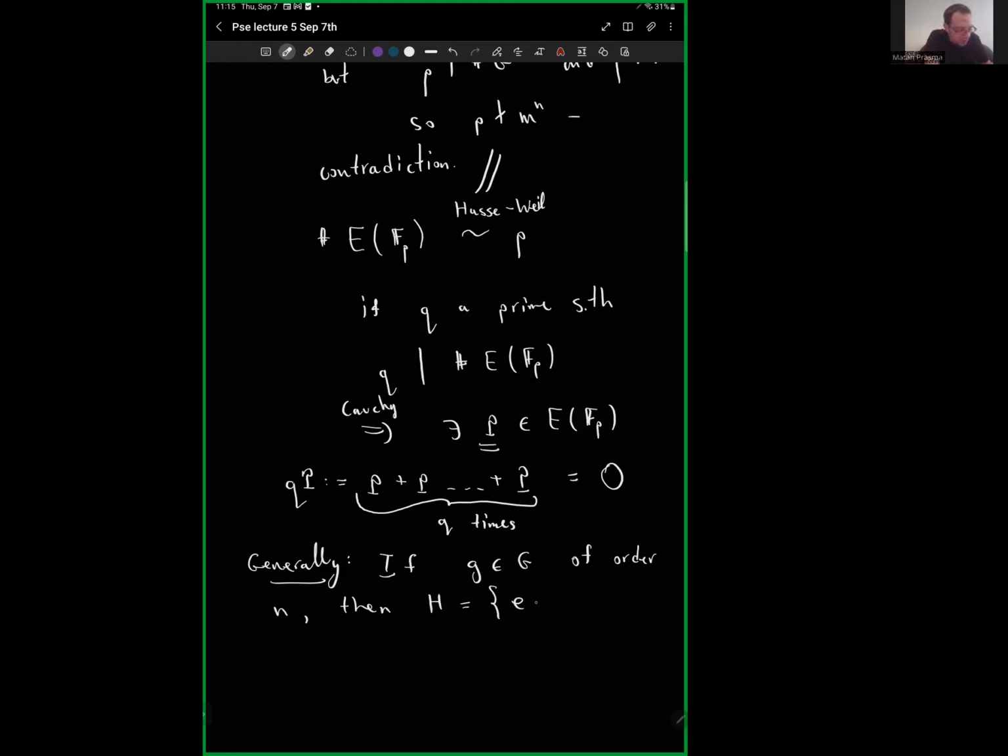So I have e, which is g to the 0, then I have g, and up to g to the n minus 1, because g to the n is going to be the neutral element again.